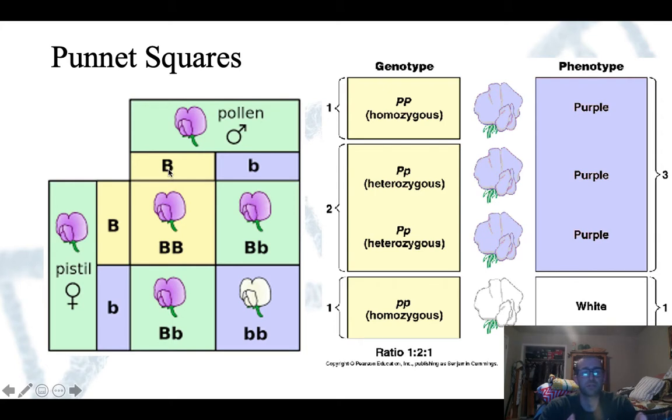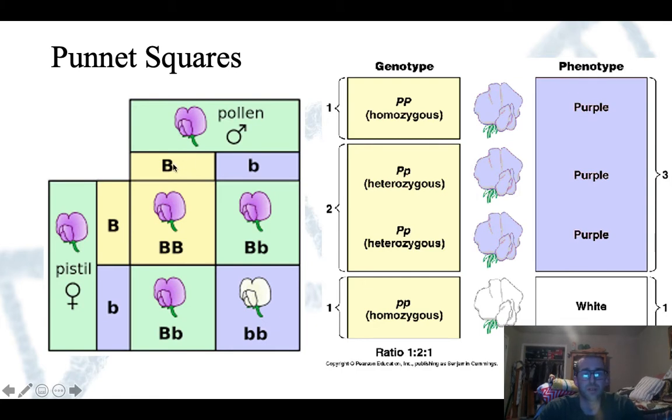So when you're developing your Punnett Square, if you're just doing one trait like we're doing here, which is the easiest, you take your one parent and you put each of their alleles on the top, and your other parent and put each of the alleles on the side, and then you essentially just combine each alleles to determine what their offspring should be.